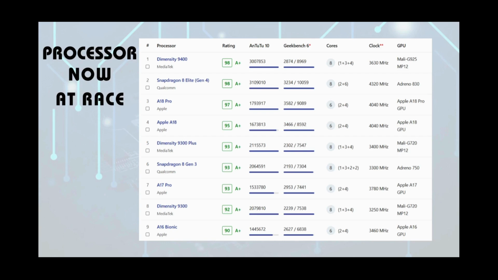So we can see the difference comes in the AnTuTu score. That differs in most of the processors. At the top, we have the Snapdragon and the Dimensity. So these are the competing processors right now available in the market.